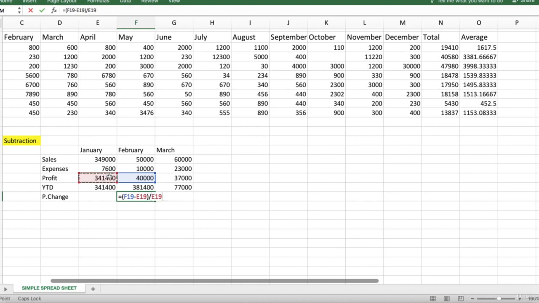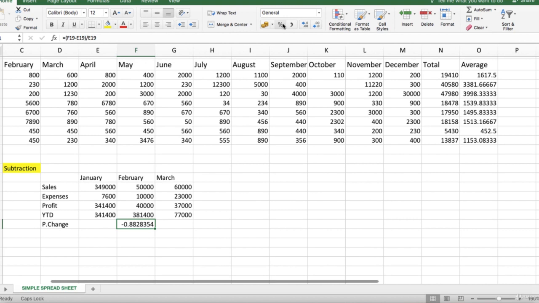Divide it by E19, then you can see the percentage here is minus 0.882. After that, under the Home menu, you can find the percentage icon, so you click on that. So the profit falls by minus 88%.